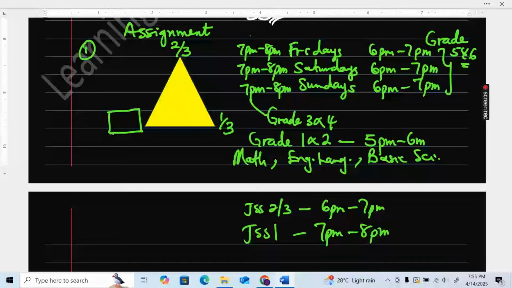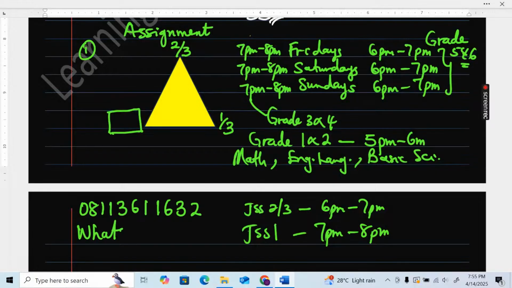You're done with your assignment, take the picture of your assignment and send it to Learning Base Academy on WhatsApp.